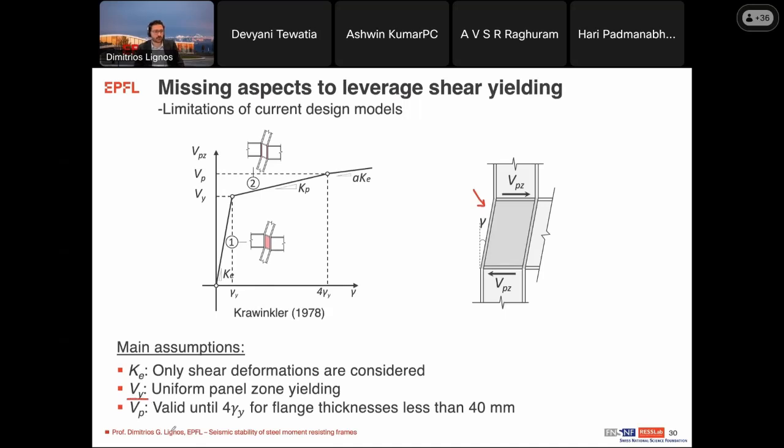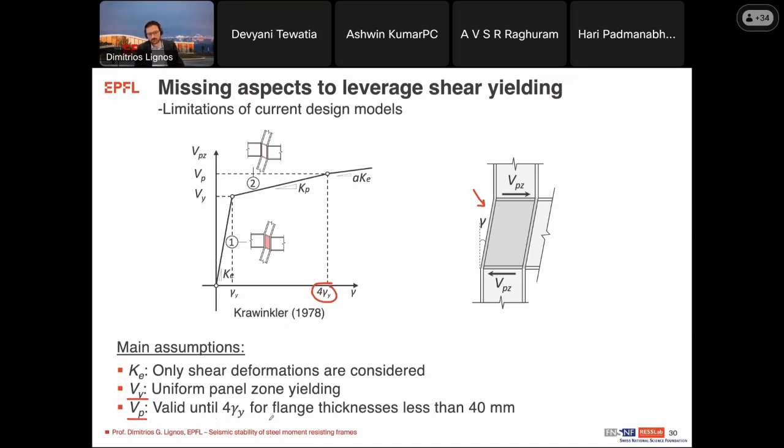We also assume that panel zone yielding will happen in a uniform manner. And also we assume that, once we reach what we call 4 times the yield distortion of the panel zone, the panel zone will reach its plastic resistance. And essentially after this point, you're not going to have any other contribution from the flanges.